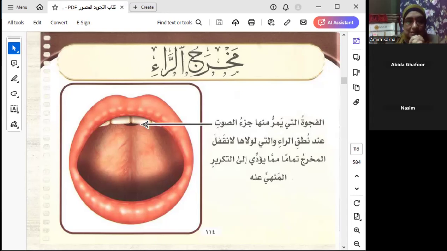Regarding the characteristics, the sifat, of the ra, we first look at the running of the sound. When we pronounce the ra, the articulation point is neither totally opened nor totally closed. It's somewhere in between.